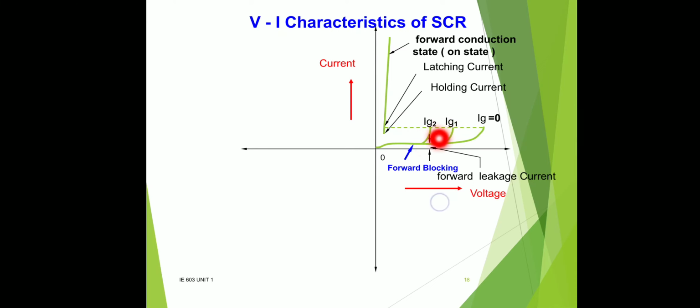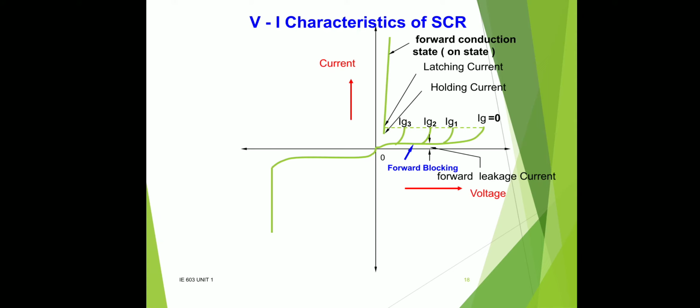When a positive gate current is applied and flowing at the gate terminal, the conducting state will come earlier, the triggering time will be reduced in the SCR, right? Suppose here it is VB0, here it is VB1, forward breakover voltage 1, forward breakover voltage 2. That means the SCR can be triggered, can be controlled, with the gate terminal, right?